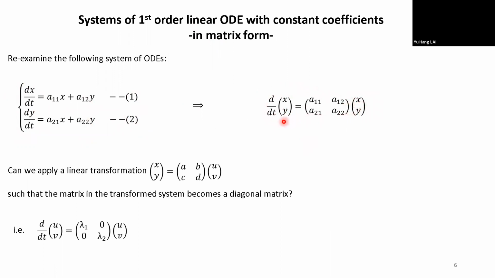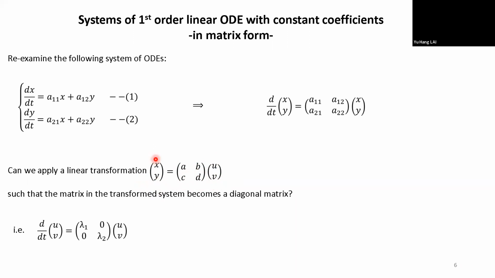Now the question we want to ask is: if we apply a linear transformation given here, a variable substitution going from x and y to u and v, where xy and uv are related by this matrix here, so this is a linear transformation.